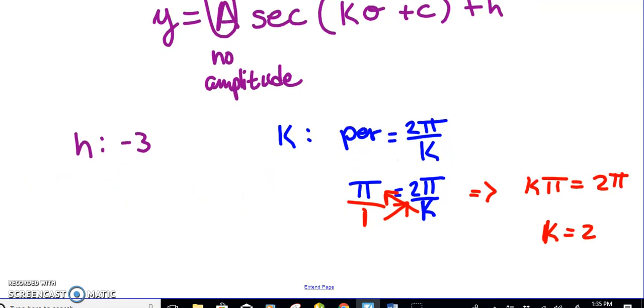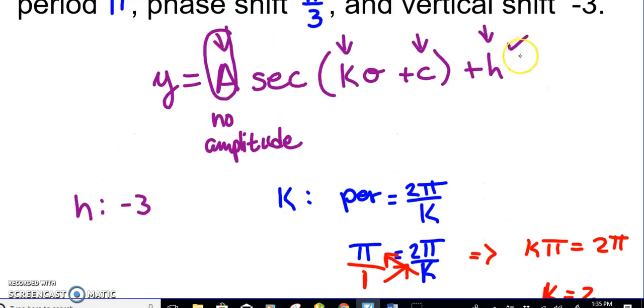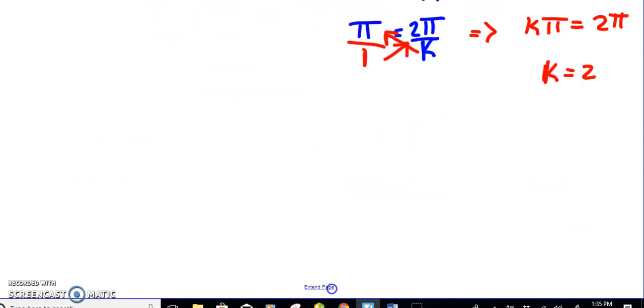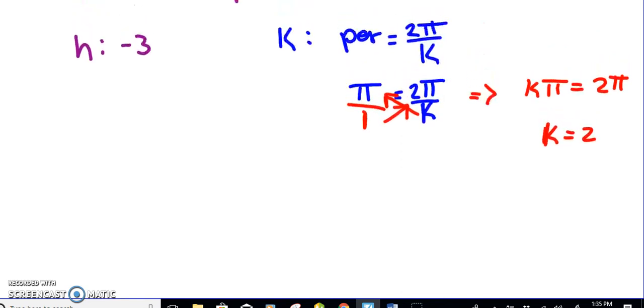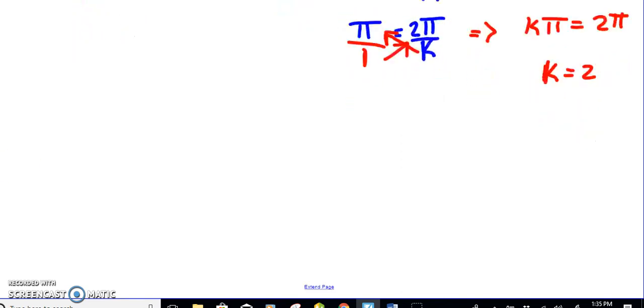Again, we have our H, which we found already, and our K, which is what we just found. Now we need to find our C, and the only thing we can use to find C is our phase shift.